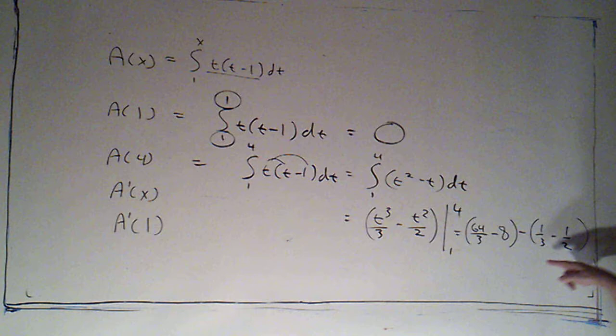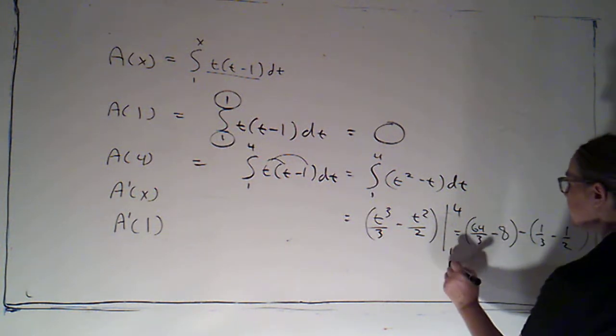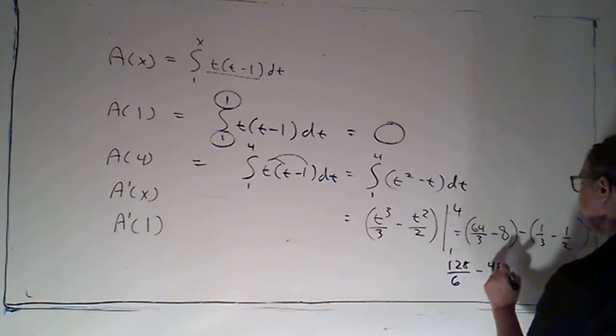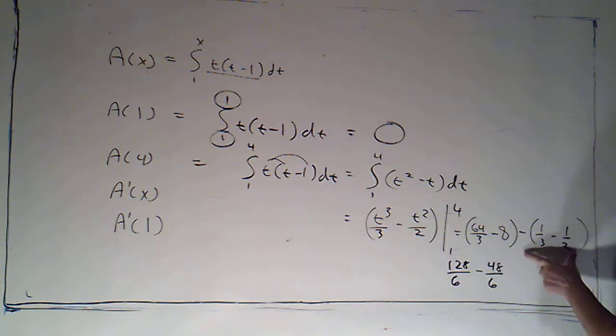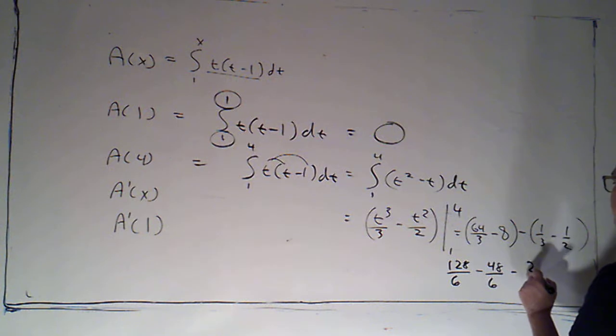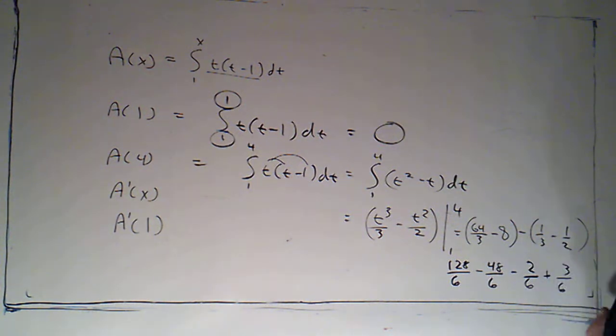I think I'm going to go ahead and just get a common denominator of 6 for all of these fractions. So that would be 128 sixths minus 48 sixths. Now here, as I get a common denominator of 6, I'm also going to distribute that negative. So that's going to become minus 2 sixths and then plus 3 sixths. The negative makes it a plus.